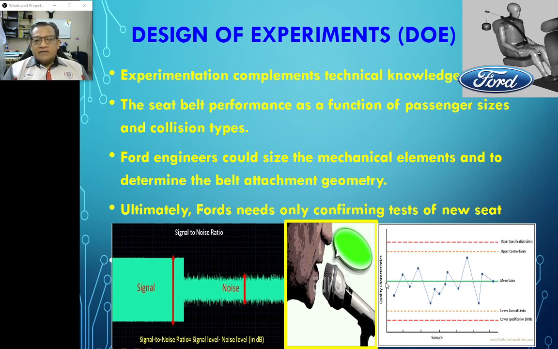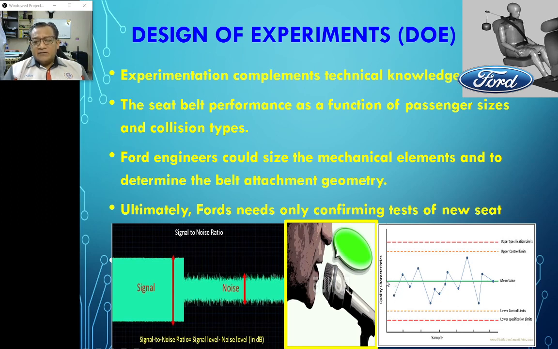In the design of experiment, you want your clarity of voice to always be at this mean value. If your voice is at this point or at a lower point, that is noise. How far it deviates from the central mean value is noise. The distance from this point to this point is considered noise.